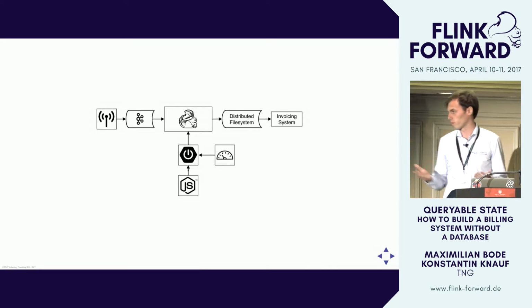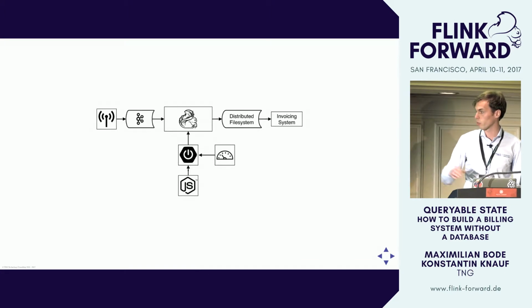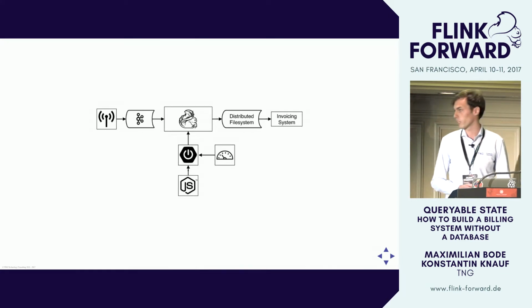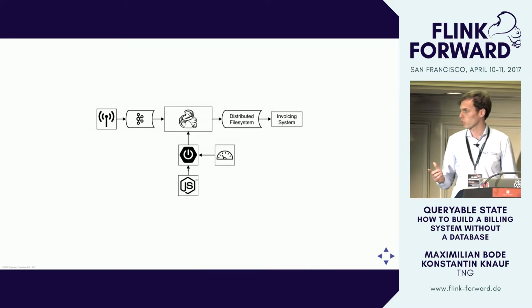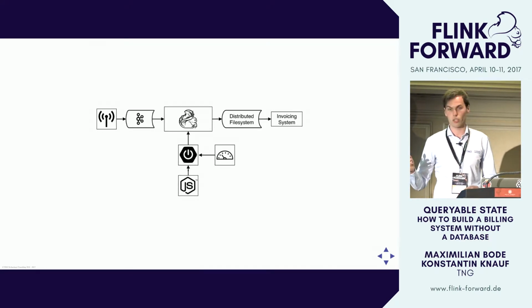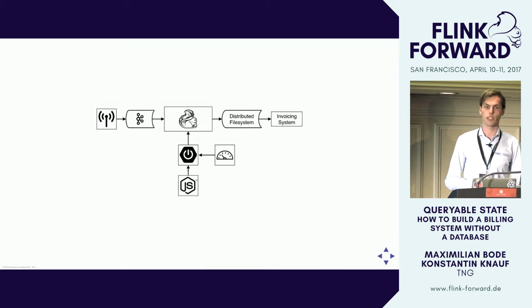For the purpose of the demo, you could of course also think that this invoicing system on the right-hand side just accepts HTTP calls in an idempotent manner. But we did it this way, and notice that this combination, a Kafka source and, let's say, an HDFS sink or distributed file system sink, is one that enables you to do exactly once.